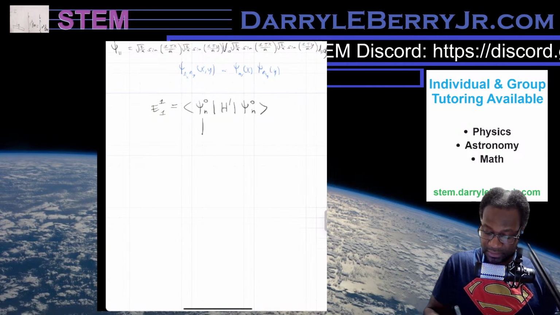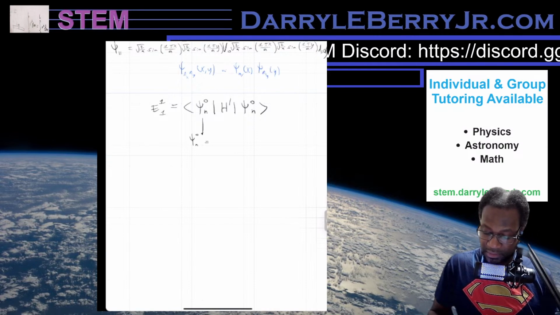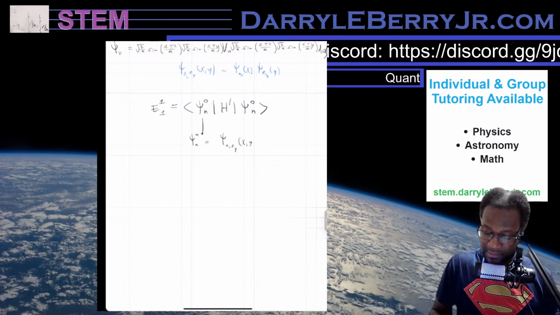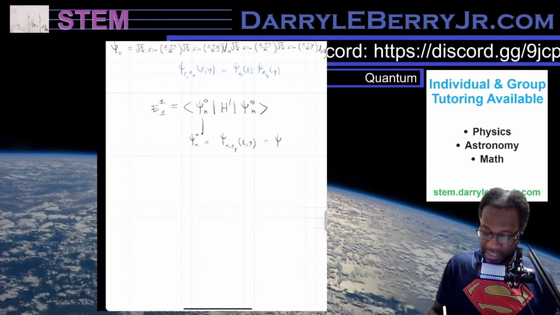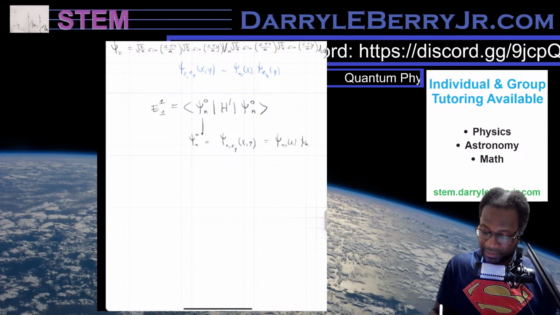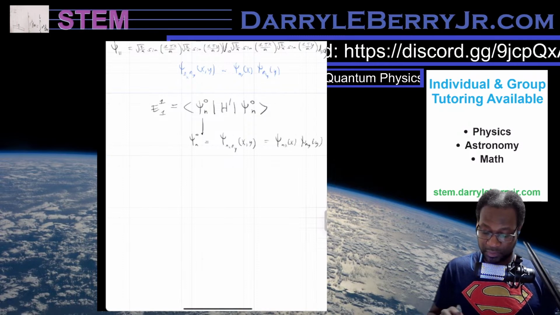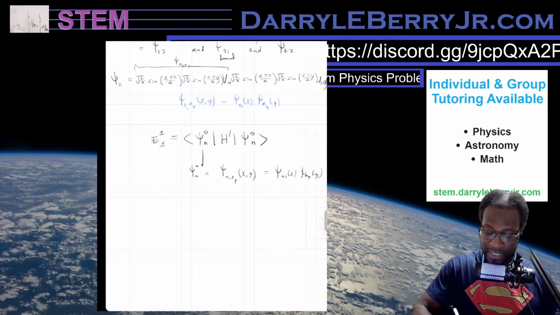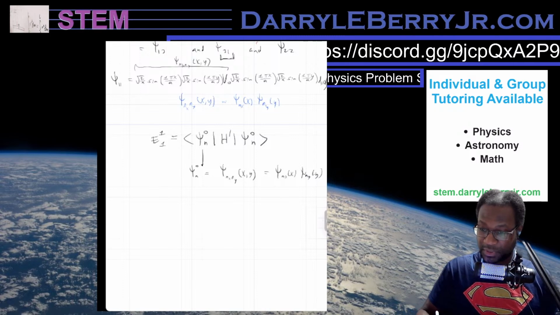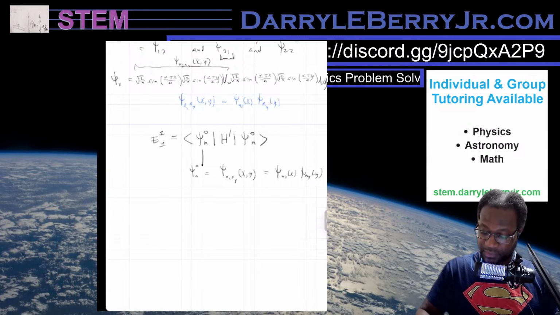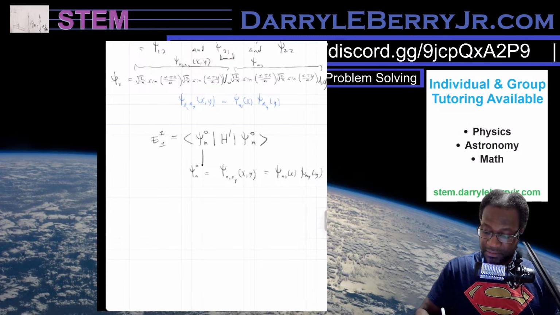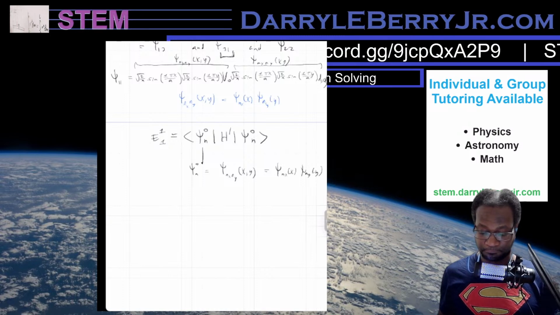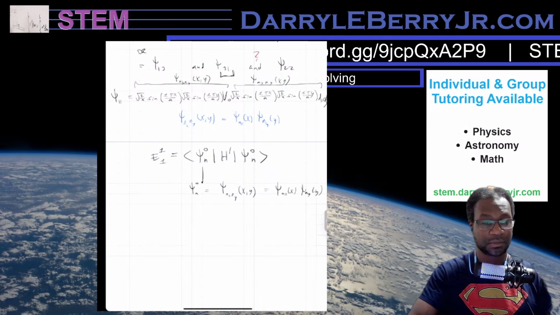And in this case, psi n naught equals psi nx ny of x y, which means it equals psi nx of x times psi ny of y, which means now I'm plugging in this psi nx ny of x y, and V naught for the perturbation, and psi nx ny of x y, and now we can get the perturbation off that and see what the value is, right?